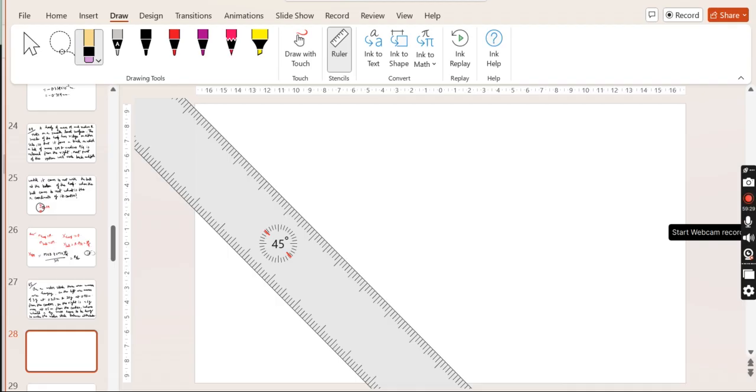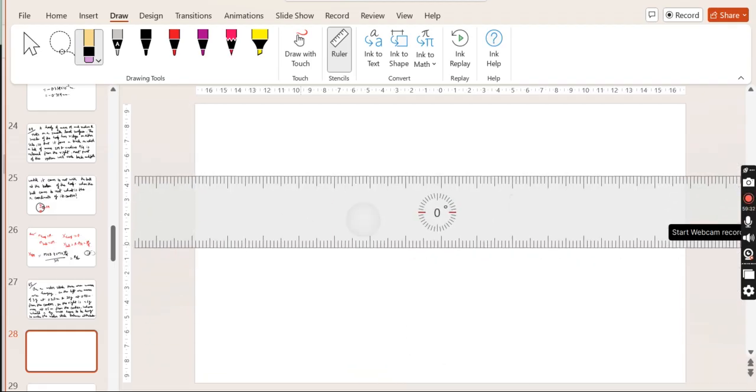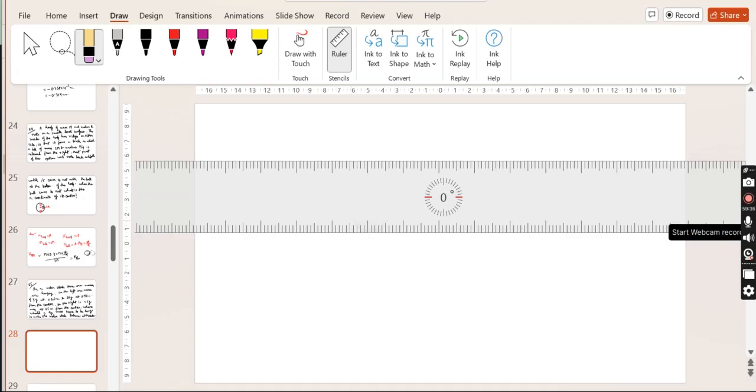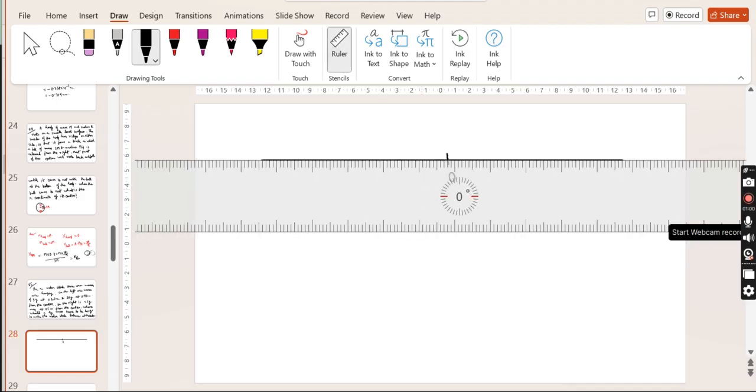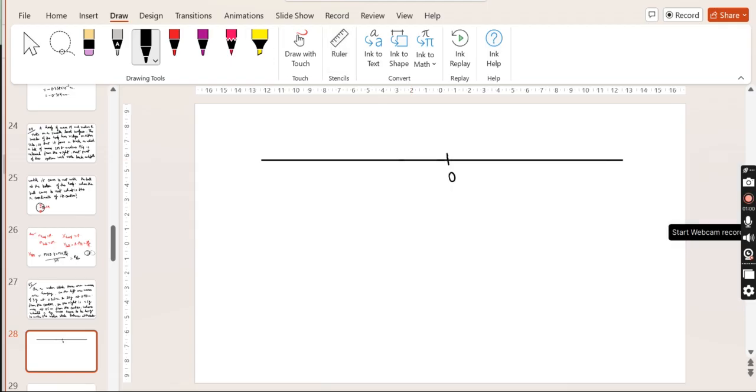Basically, the stick, this is the center, 0. So if this is point 2, this will be point 4.